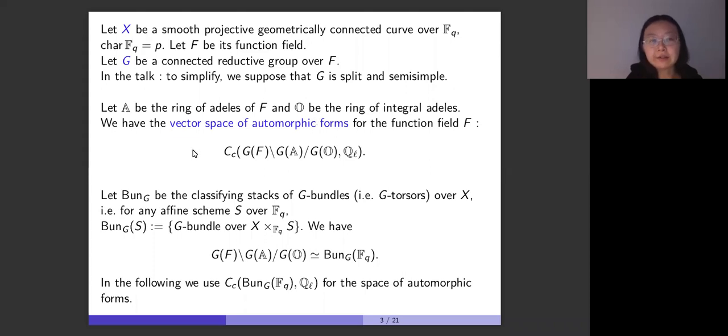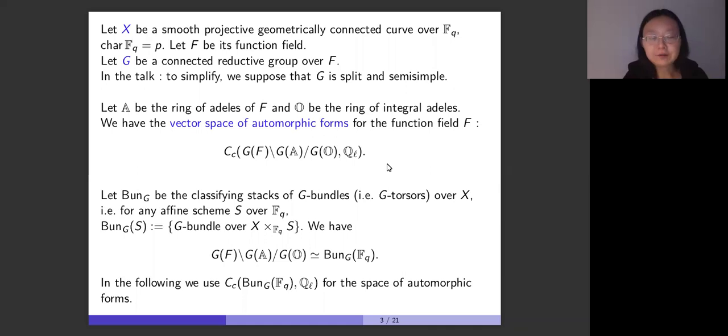We have the vector space of automorphic forms for the function field F. It's a space of continuous functions with compact support on the set G(A) quotient by G(F) on one side and quotient by G(O) on the other side, with coefficients in Q_l. I didn't say, l is not equal to p, l is another prime. So this is a space of automorphic forms.